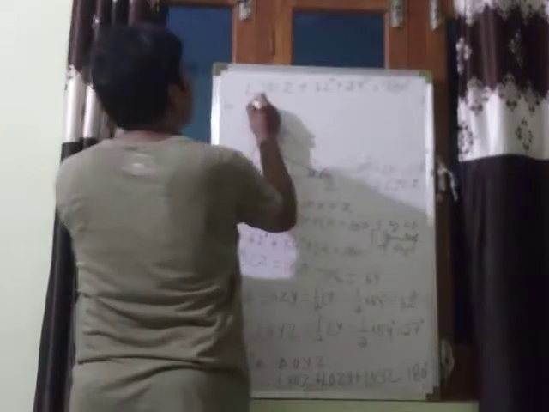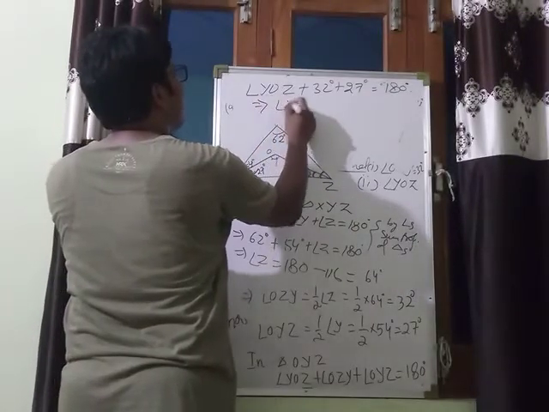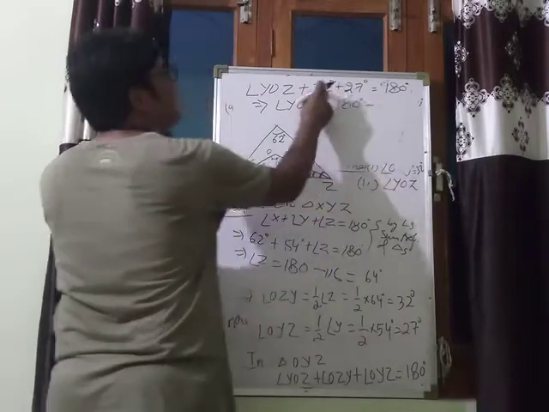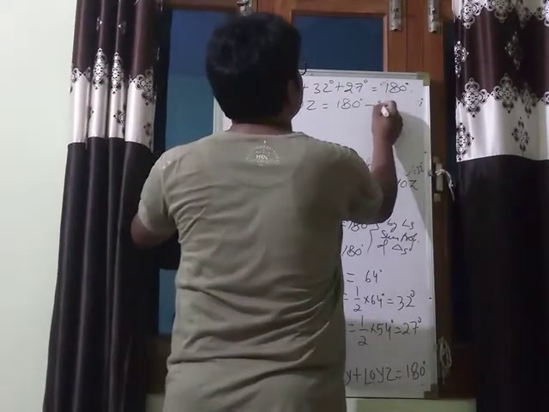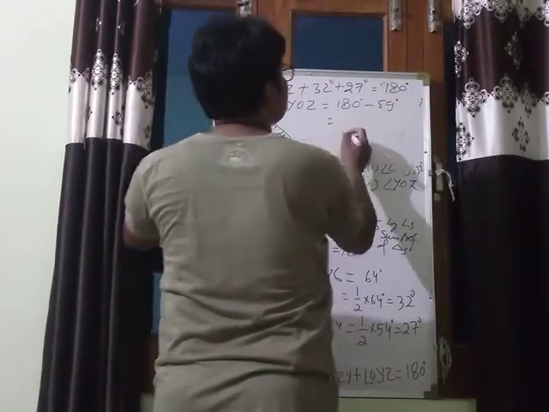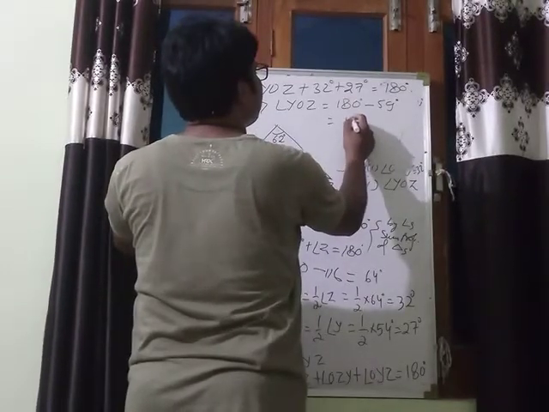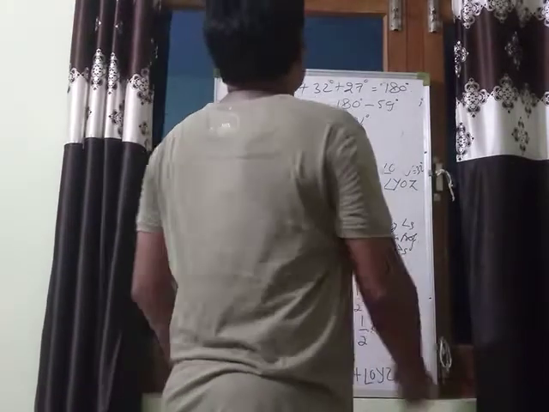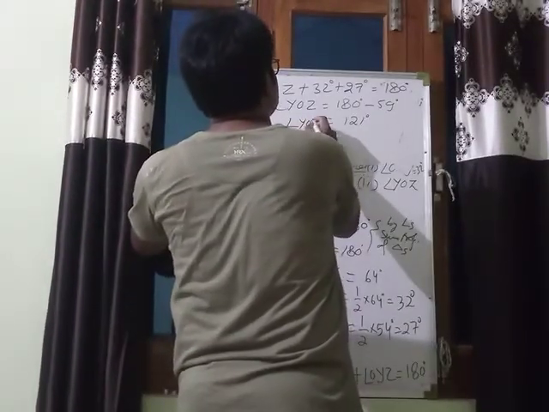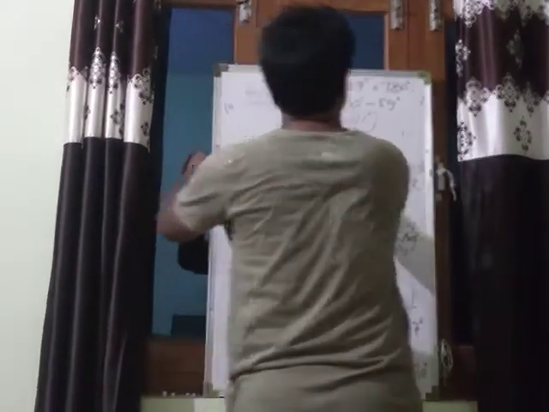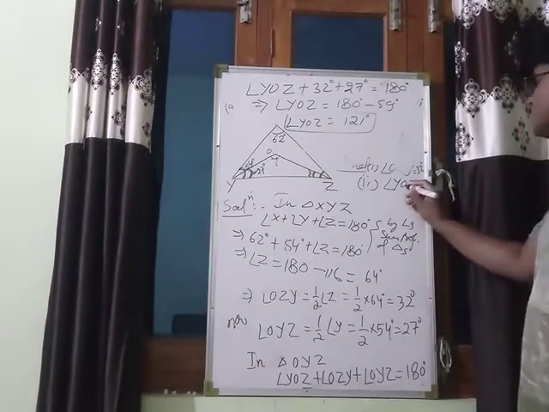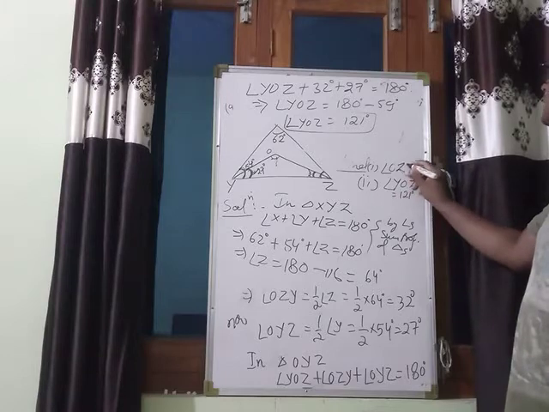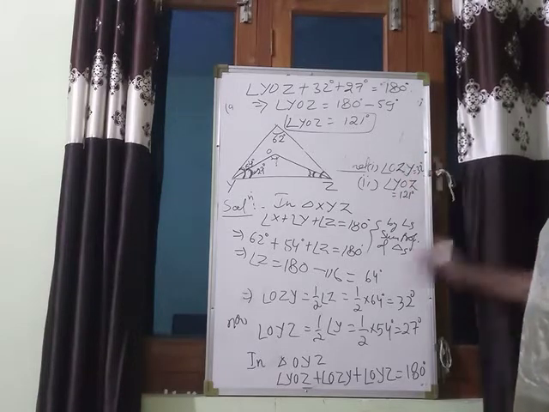So from here angle YOZ is equal to 180 degrees minus the sum of these two, 59, that is 121. Okay, so angle YOZ is equal to 121. So this one is 121 degrees and this one OZY is 32 degrees.